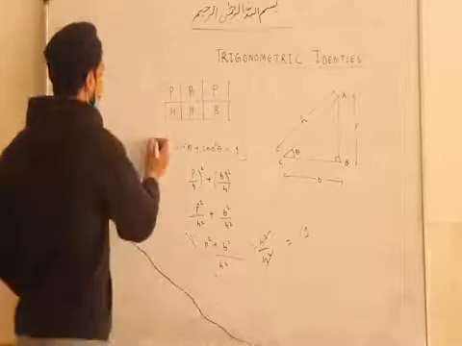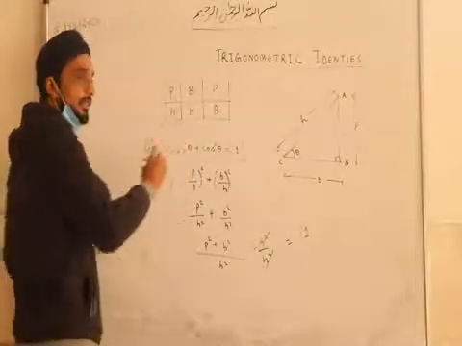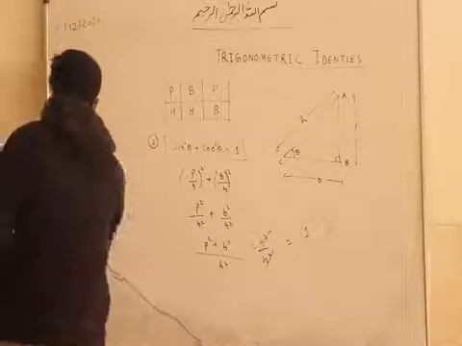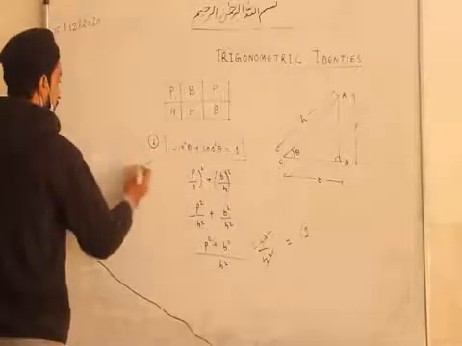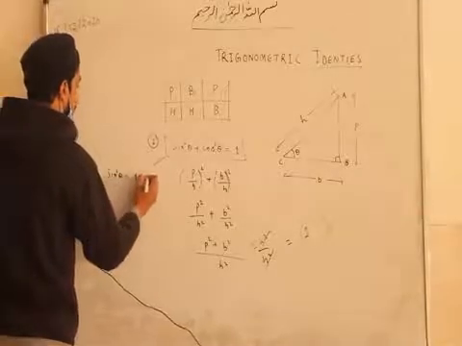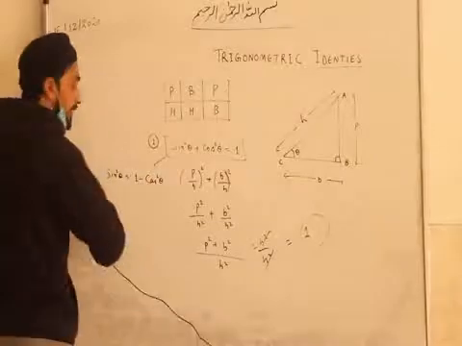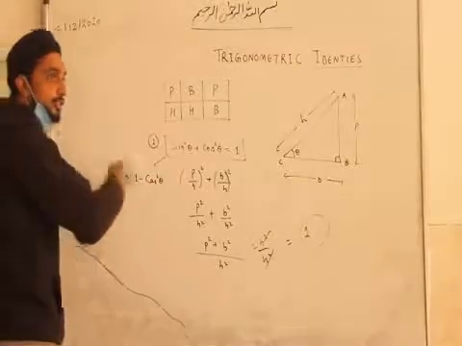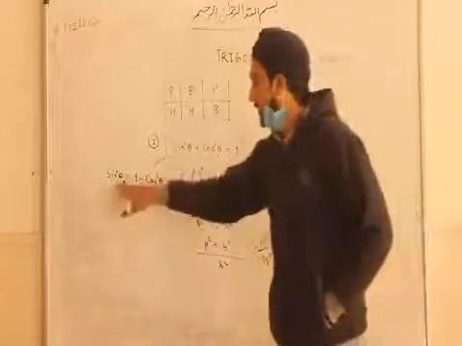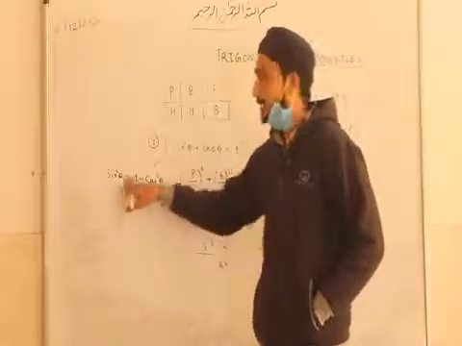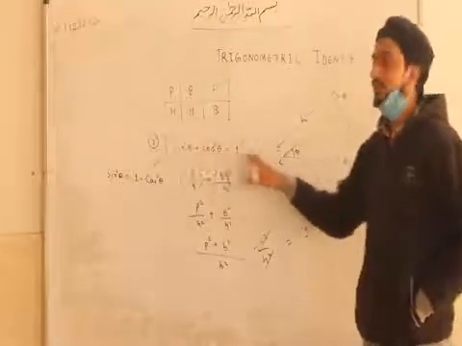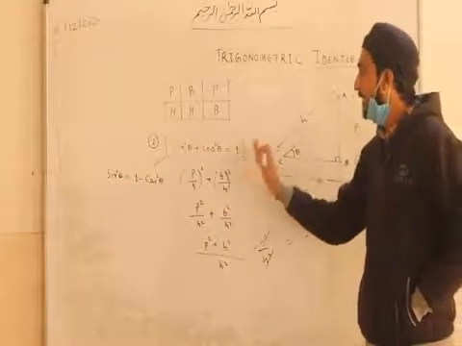This is the first identity, and by adjusting the values we can find some more. From here we can also write sine square theta is equal to 1 minus cos square theta. This is true. Somewhere we need to write 1 minus cos square theta in place of sin square theta, somewhere we have to write sin square plus cos square equals 1, somewhere we have to write this value in place of 1.